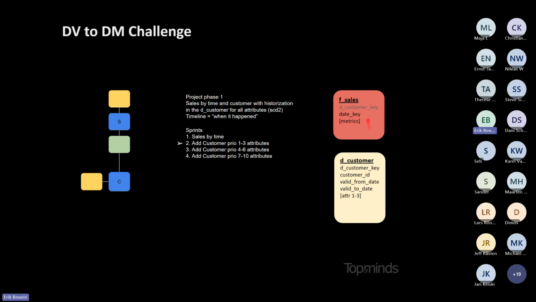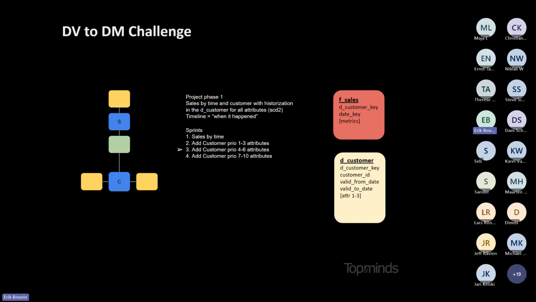But here we don't have any customer information, so we need to reload this fact table. And the product owner asks you, why do we need to reload it? And you say, well, we didn't have any information of the customer in the first sprint. And he is happy with that, of course, because he understands that we didn't have any customer information.